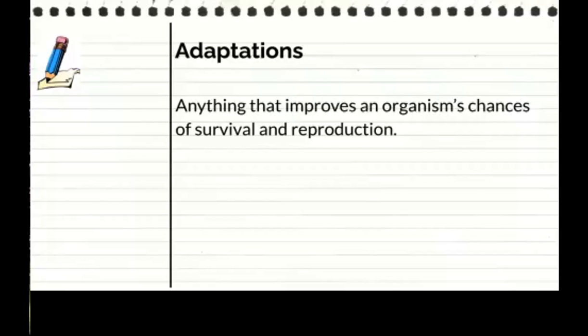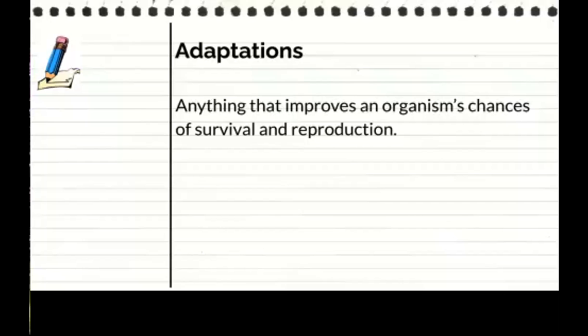So having favorable fur color, having the right color. Maybe you need to be fast or slow or small or big, whatever the trait is that's going to help you survive in your environment long enough to reproduce and create your next generation.